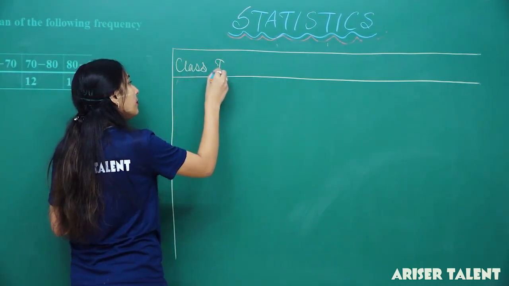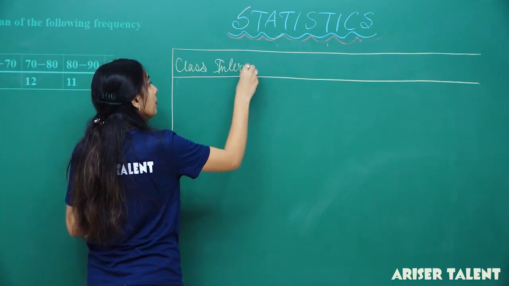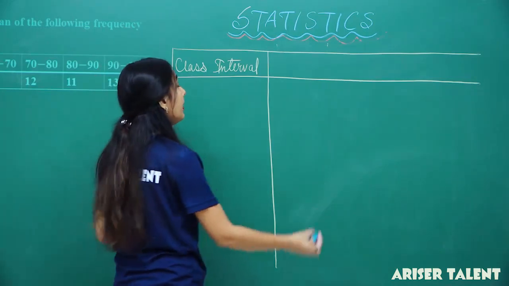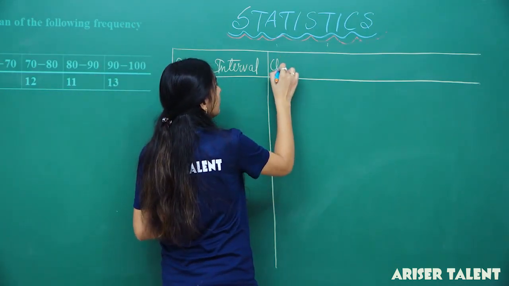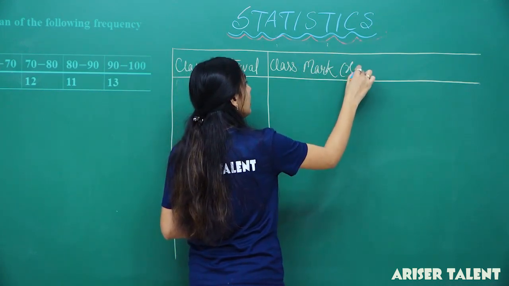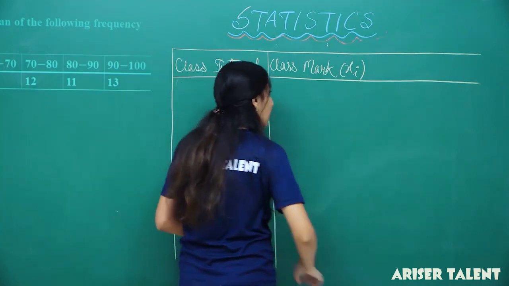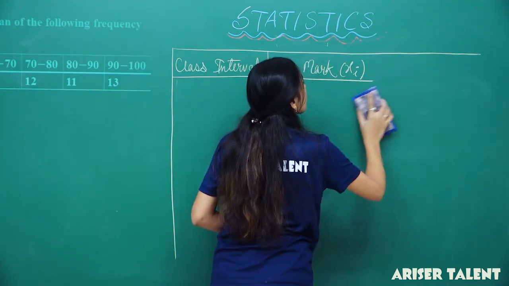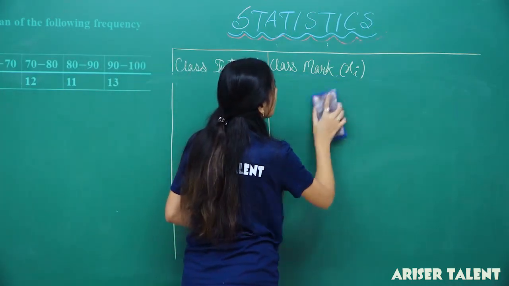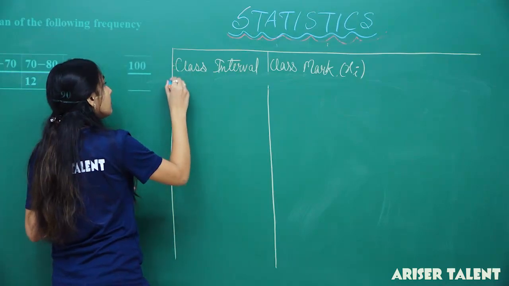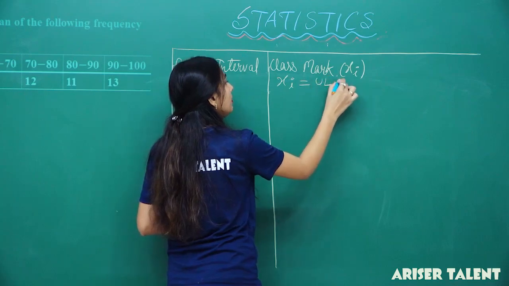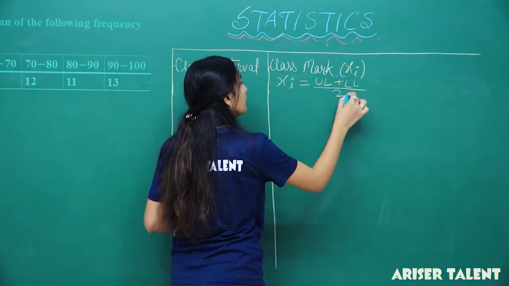From this class interval, we'll get the value which is called x, or class mark, that is xi, and the formula for that will be upper limit plus lower limit by 2.